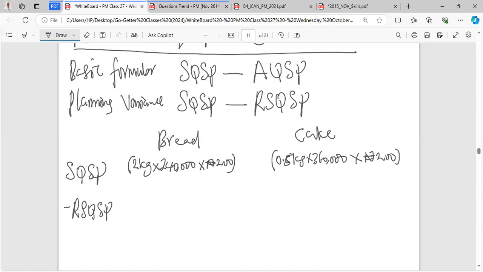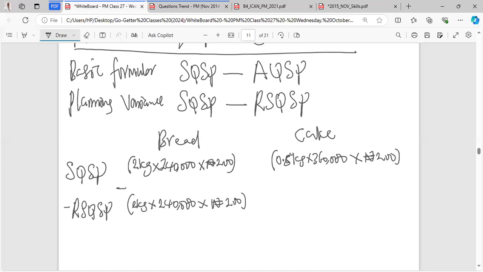Now the revised standard, so we now say minus revised standard quantity. It didn't change for bread. It remains 2 kg, multiplied by 240,000. The standard price is 200 naira. So you can already guess what this will be. This is going to be 0.